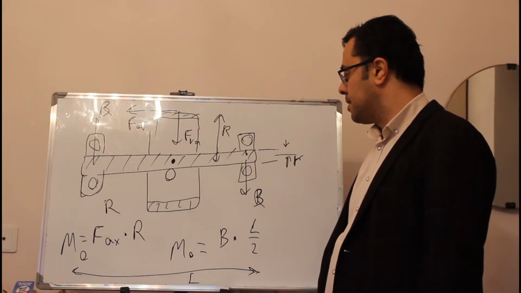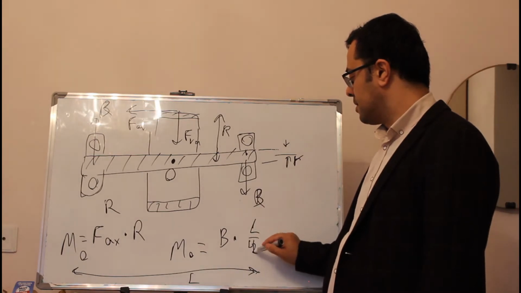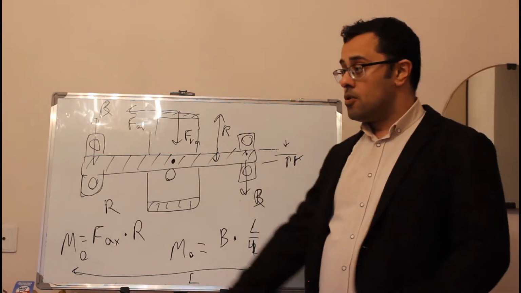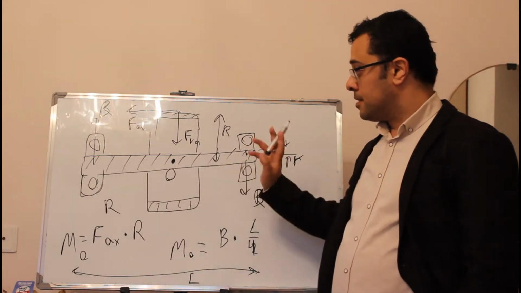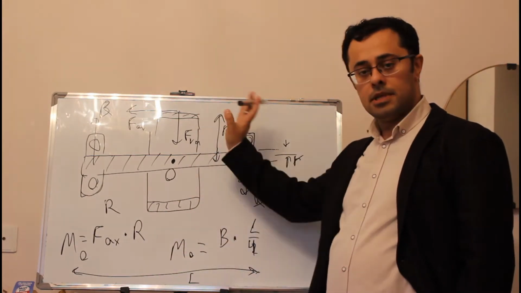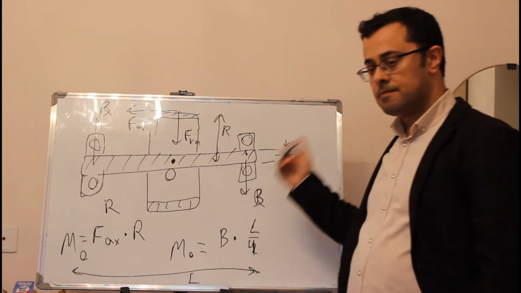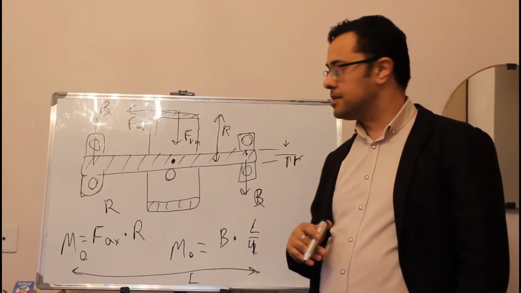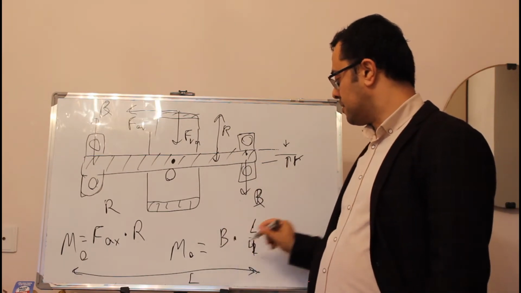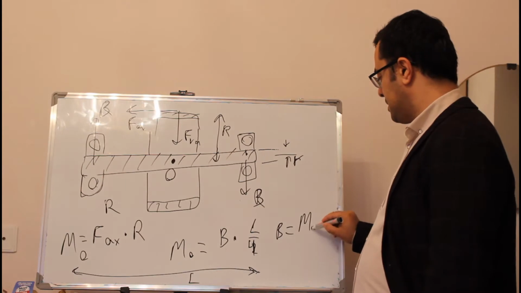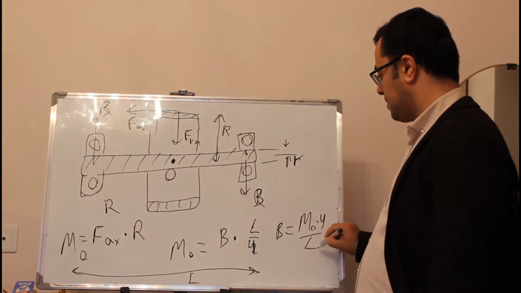So B by L by 4, since there are 2 of those B's. So this bending here generates force at the end of the bearings, and that force is the moment multiplied by 4 divided by L.